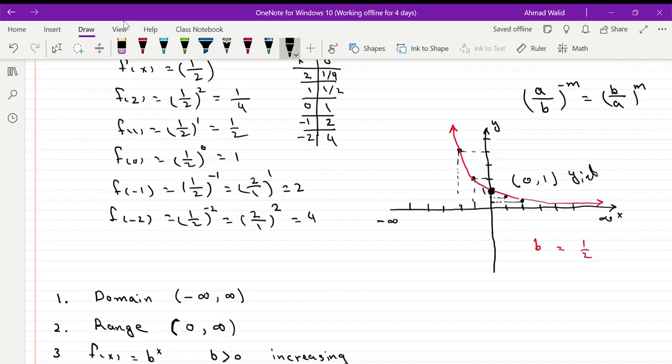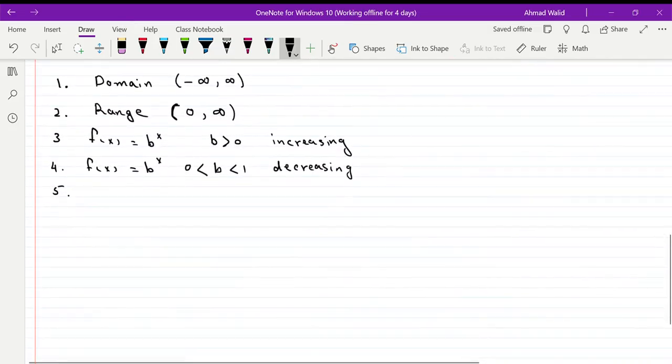It's an interesting characteristic of the exponential functions. Your y-intercept is always what? 0 and 1. Number 6.